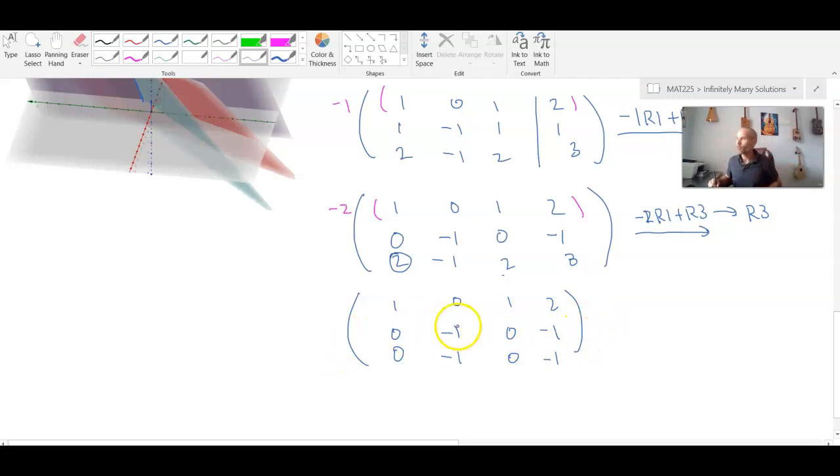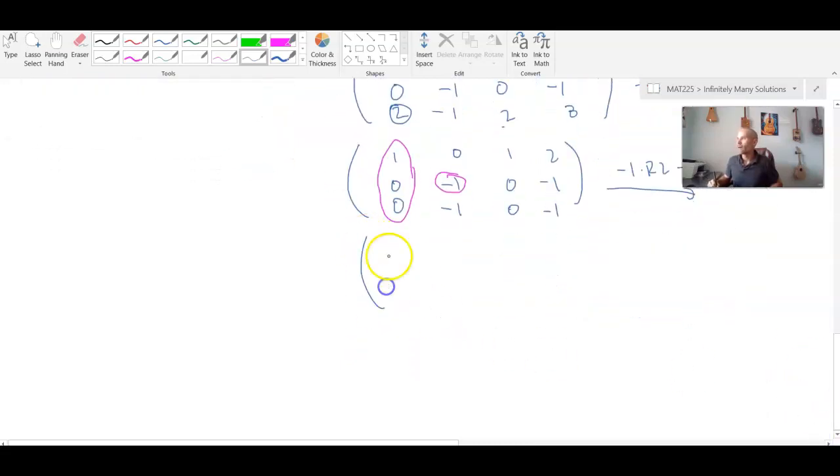At this stage, my objective would be, now that I have the 1, 0, 0 here, I'm going to want to turn this into a positive 1. So I can go ahead and do that next. I'm going to take negative 1 times row 2, store the new result in row 2. So I'll have 1, 0, 1, 2; 0, positive 1, 0, positive 1; 0, negative 1, 0, negative 1.